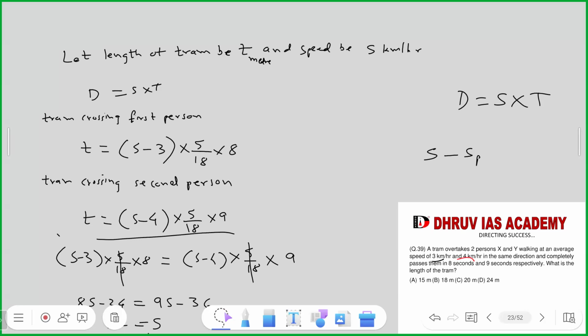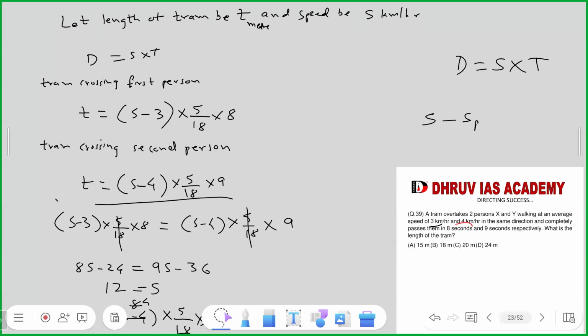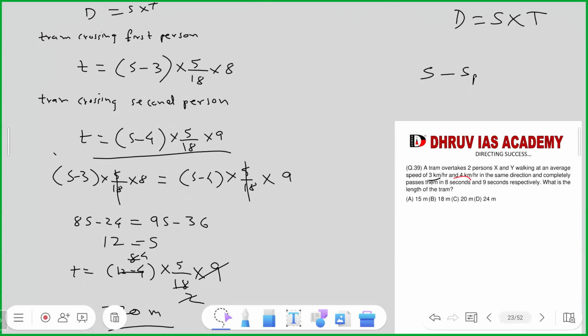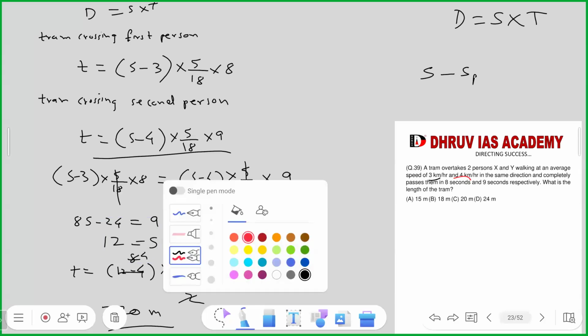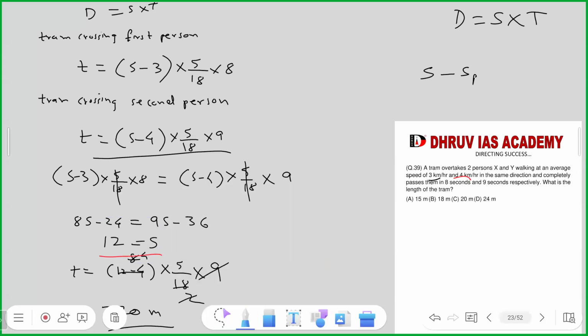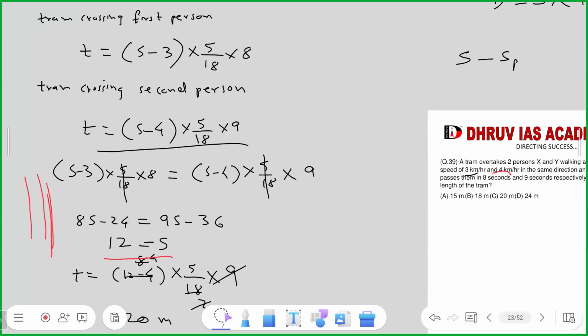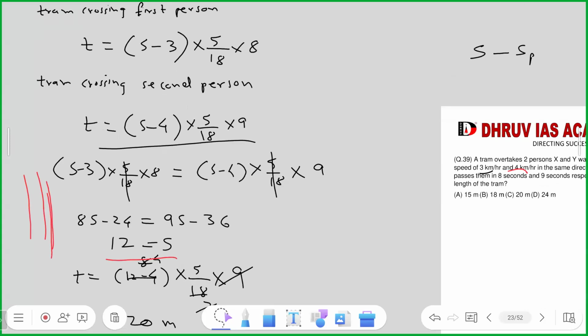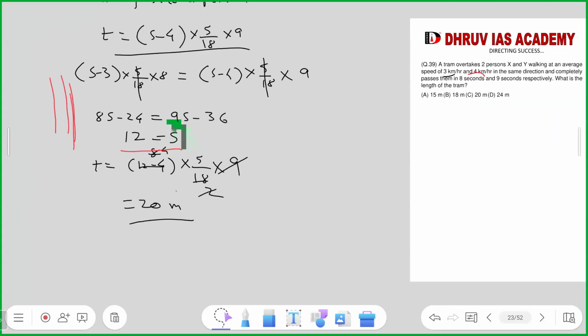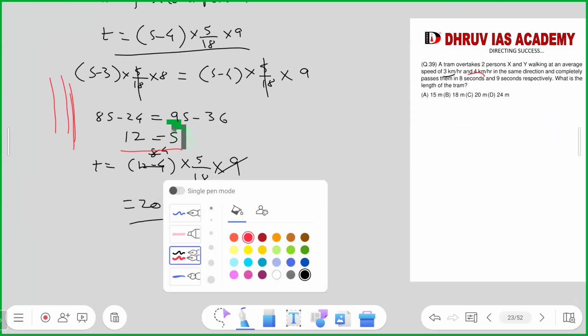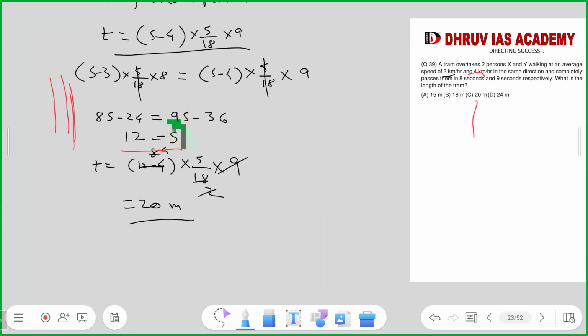This is the first equation. The second equation we equate with it, and first we get the value of s, the speed of the tram. Then using that speed of the tram we get this 20, the length of the tram. So the option is 20 meters.